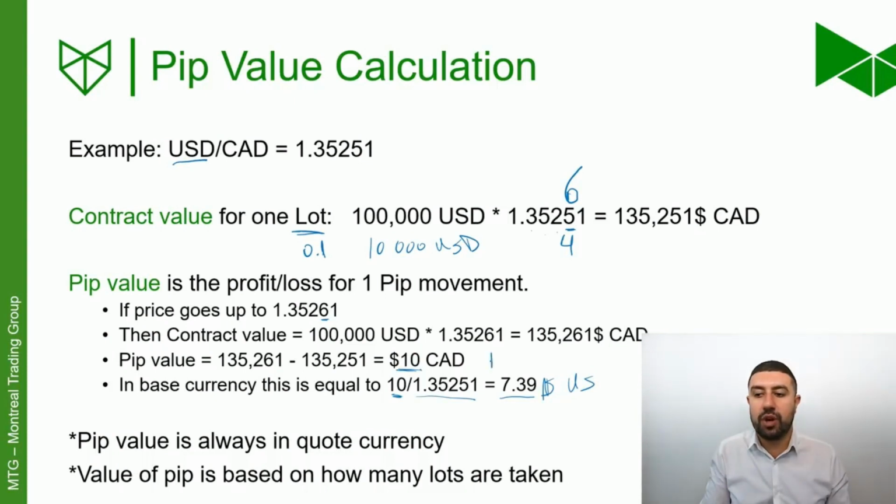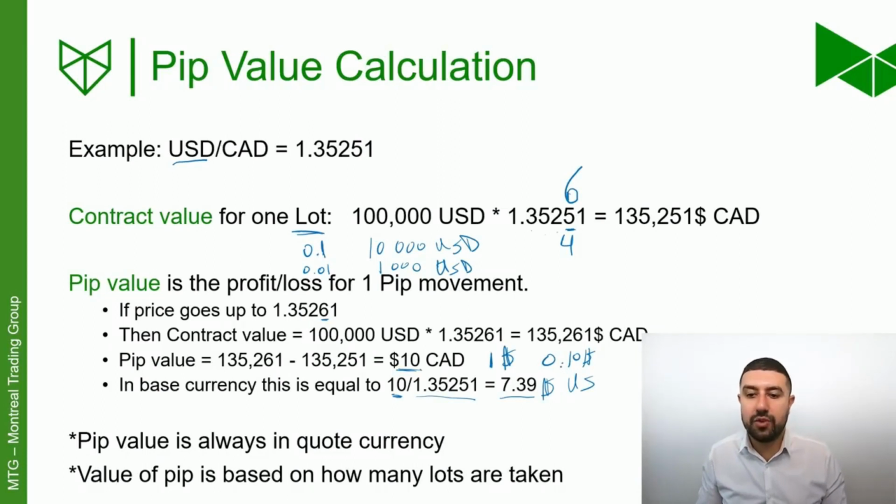So it would have been $1, your pip value. If you wanted to trade 0.01 lots, so a 100th of a lot, meaning you just wanted to trade in 1,000 increments, well, what would have been your pip value? Ten times less than this one, so it would have been 10 cents, right? That would have been your pip value.